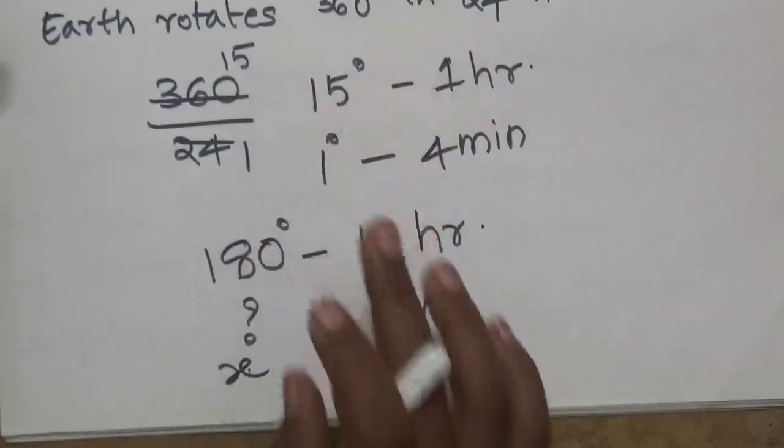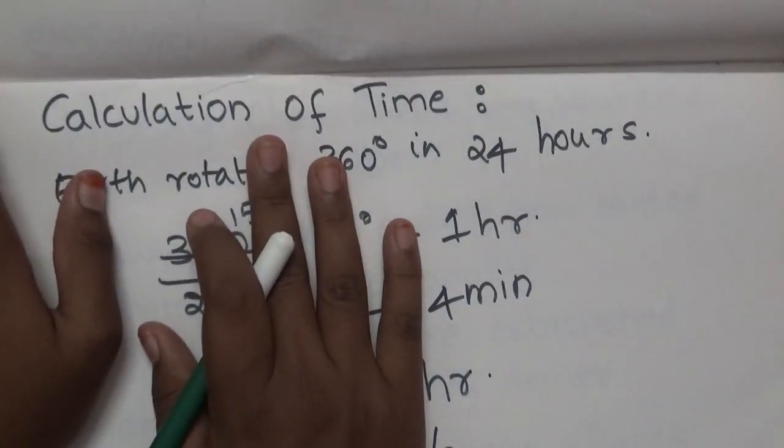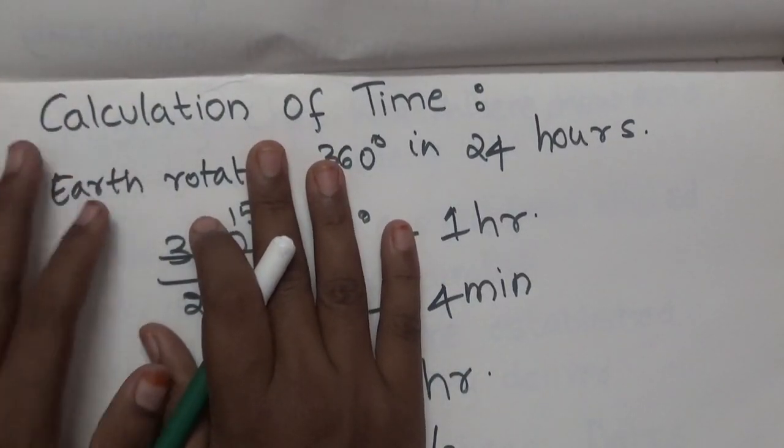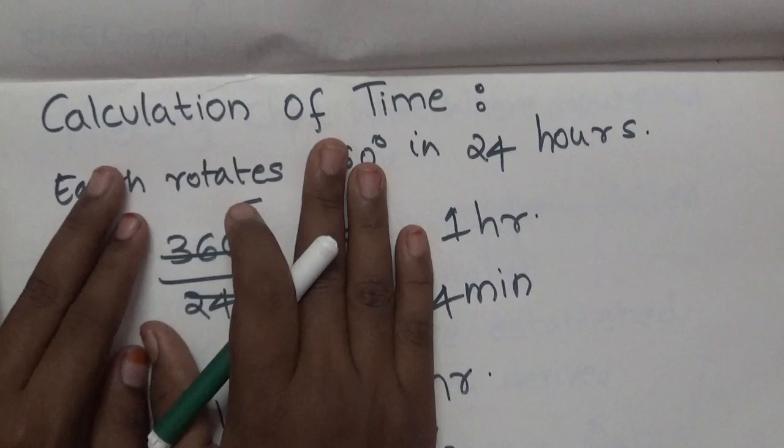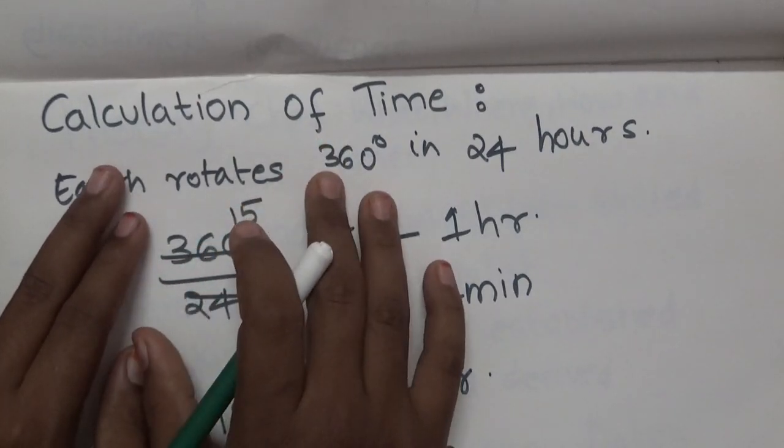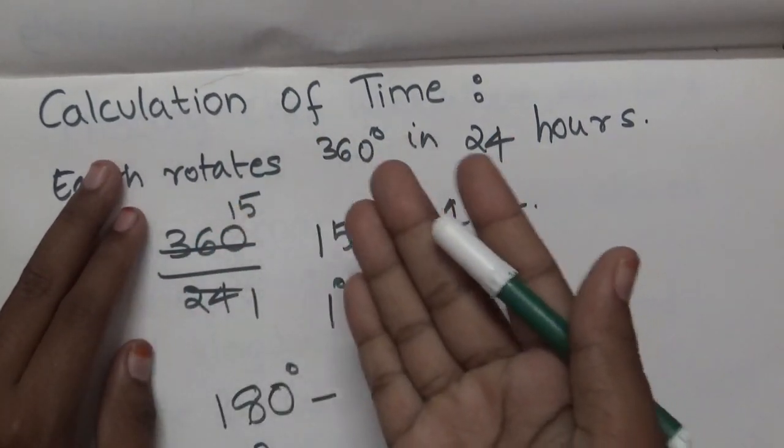Now we'll calculate the time and see the standard meridian of our India. We know that India is 5.5 hours ahead of Greenwich time.